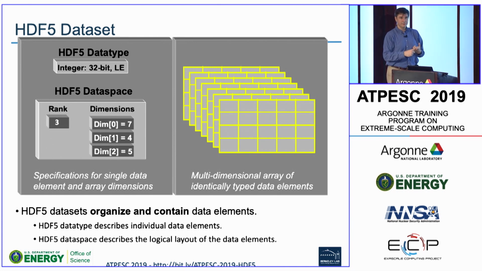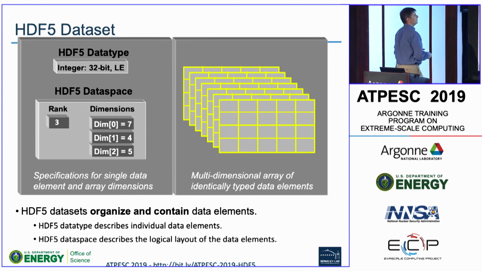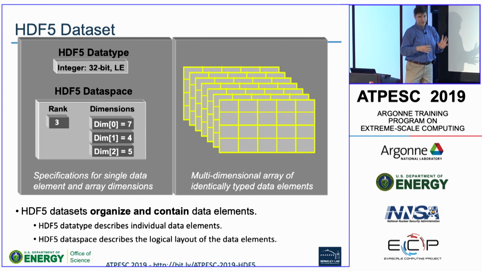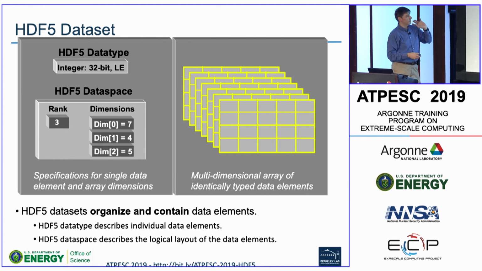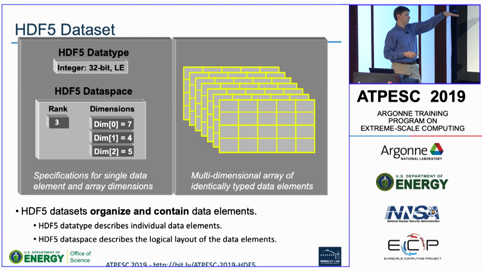How many dimensions does this array have, and how big are they? What are their dimension sizes? In this case, it's a 3-dimensional 7x4x5 array, and the elements, you can't tell from this, are 32-bit middle-endian integers.